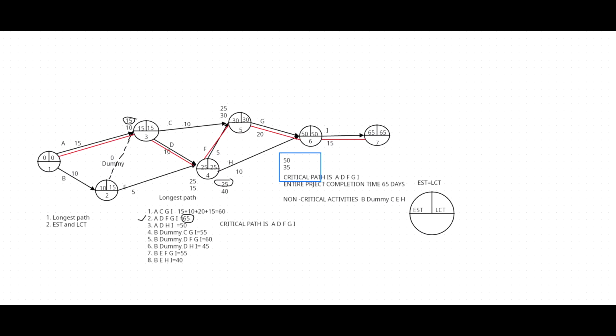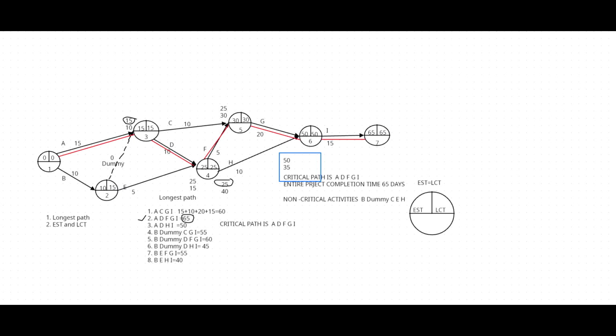If you add the total, we require 100 days. 15 plus 10 is 25, plus 10 is 35, plus another 20 is 55, plus 30. Altogether, 100 days required. But according to the entire project completion time, we can complete the entire project after 65 days.